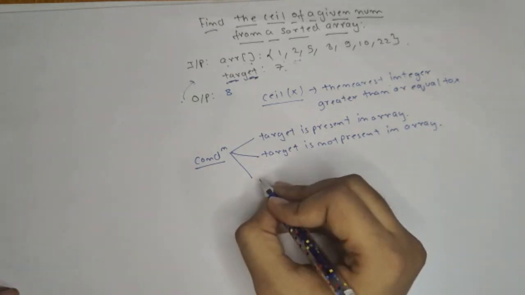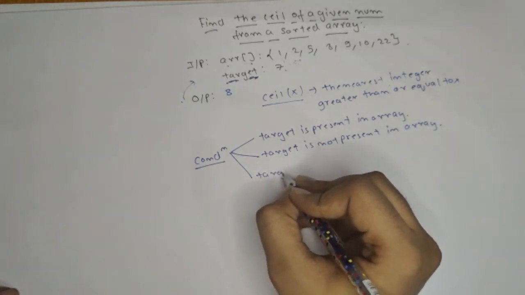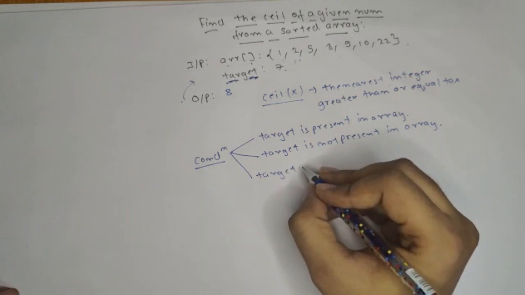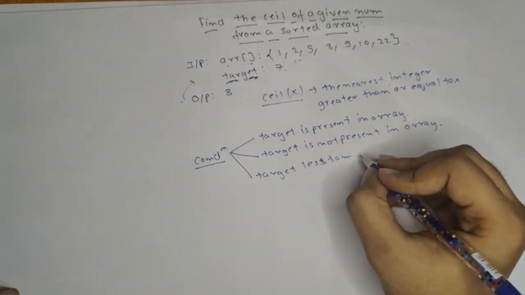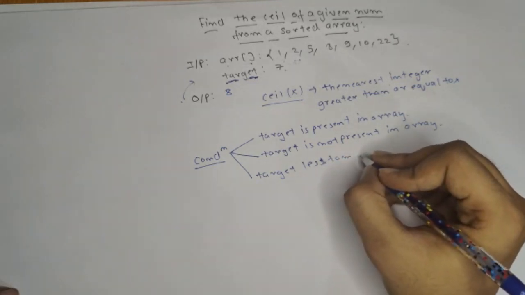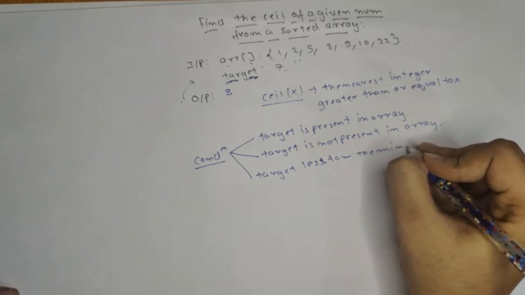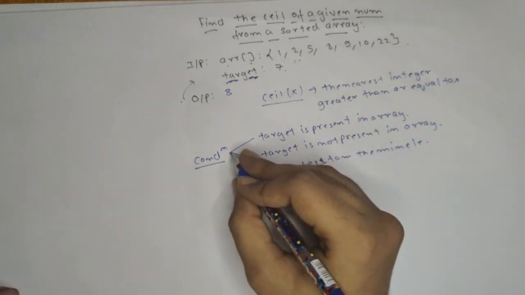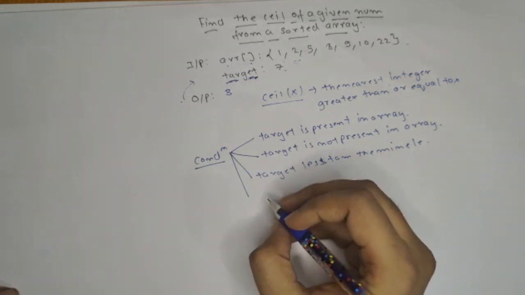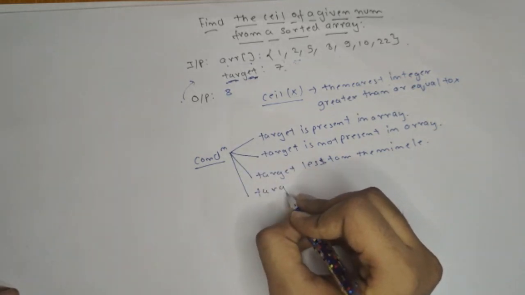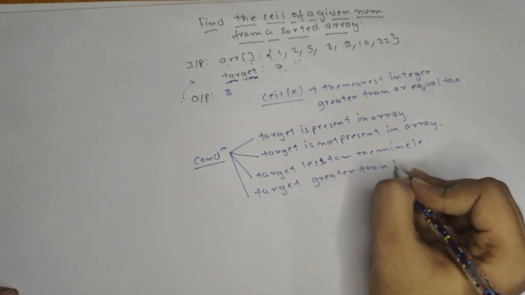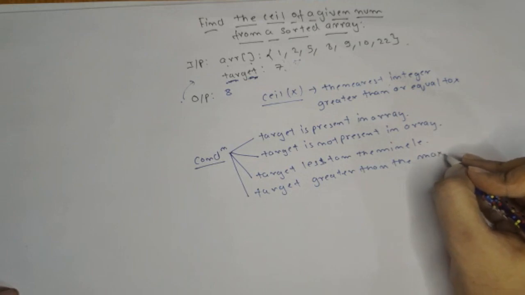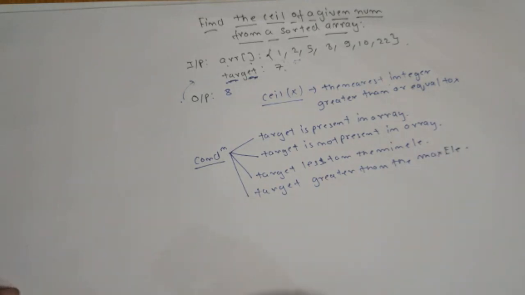And the third category is that our target is less than the minimum element. And I can see that a fourth category is also possible: our target is greater than the maximum element. Okay, these four conditions are possible here.